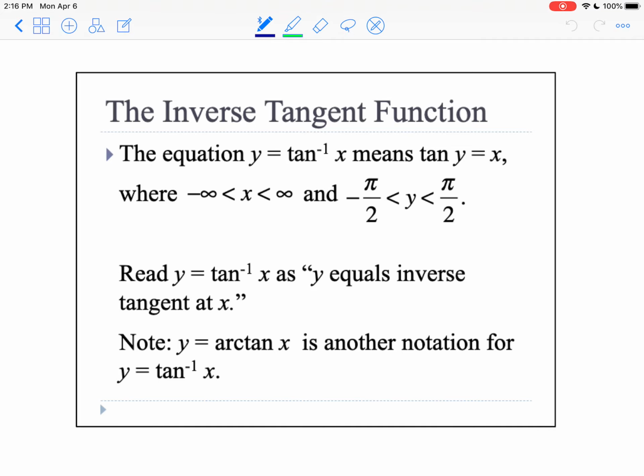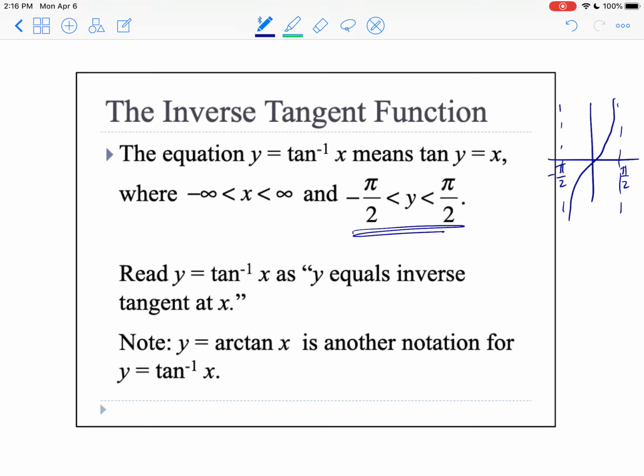So it makes sense for us to just take one cycle of tangent between negative pi over 2 and pi over 2 and use that as our cycle. So we're going to constrain this.